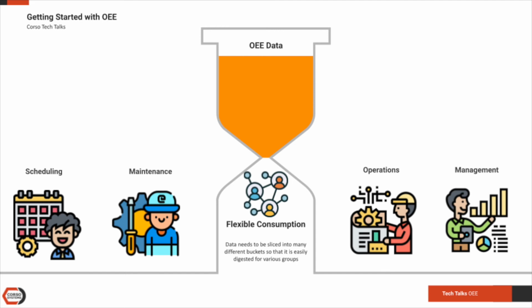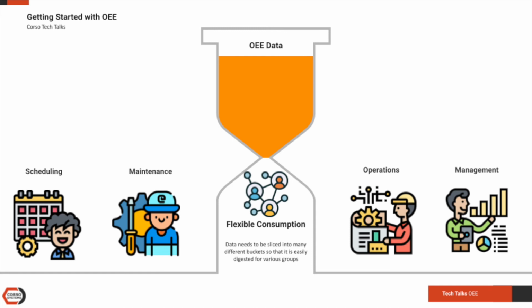Someone might only really care about how efficient our scheduling information is. Someone else might only care about what maintenance information we can improve on these machines to help them run more effectively. There are all these different teams and groups within our organization that are going to be looking at the same stream of data in an OEE application in a multitude of different ways.